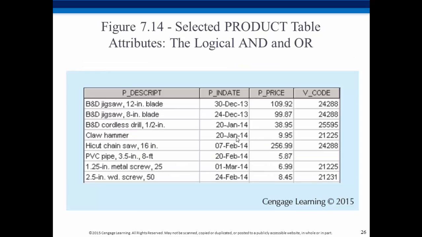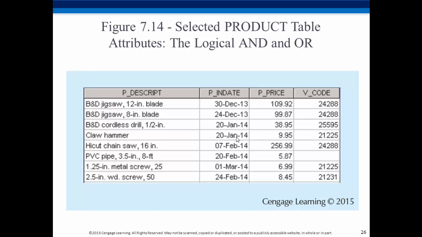Now combining AND and OR. Let's see. You have P_DESCRIPT, P_INDATE, P_PRICE, and then you have your V_CODE from the PRODUCT table, where P_PRICE is less than 50 and P_INDATE is greater than January 15, 2014, or the V_CODE is 24288. So what's going to happen here?